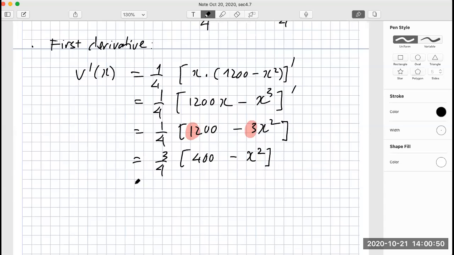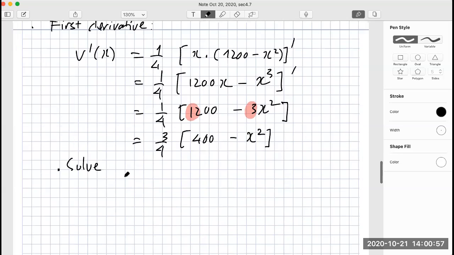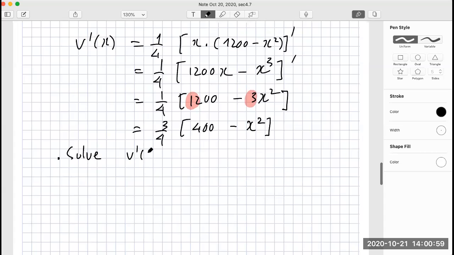Therefore, when we solve v prime of x is equal to 0, it means that we are solving 400 minus x squared is equal to 0, right?